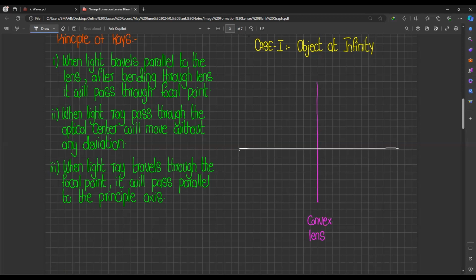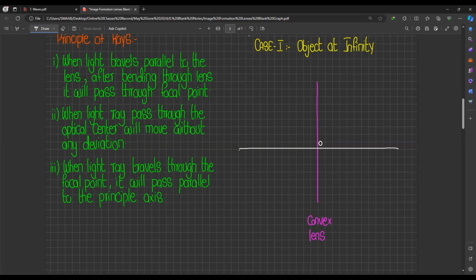So this is our principal axis, and this is the center point, optical center. Now one more important thing, we have to draw the focus on both sides at equal distance. That's why I use this graph paper, so it will be easy for us to measure the distance, right? And how to measure that?